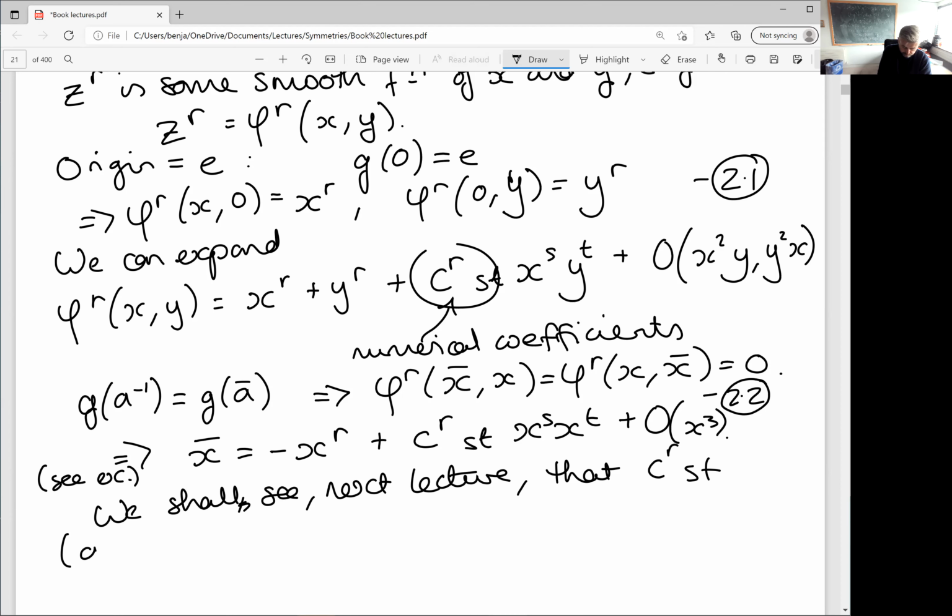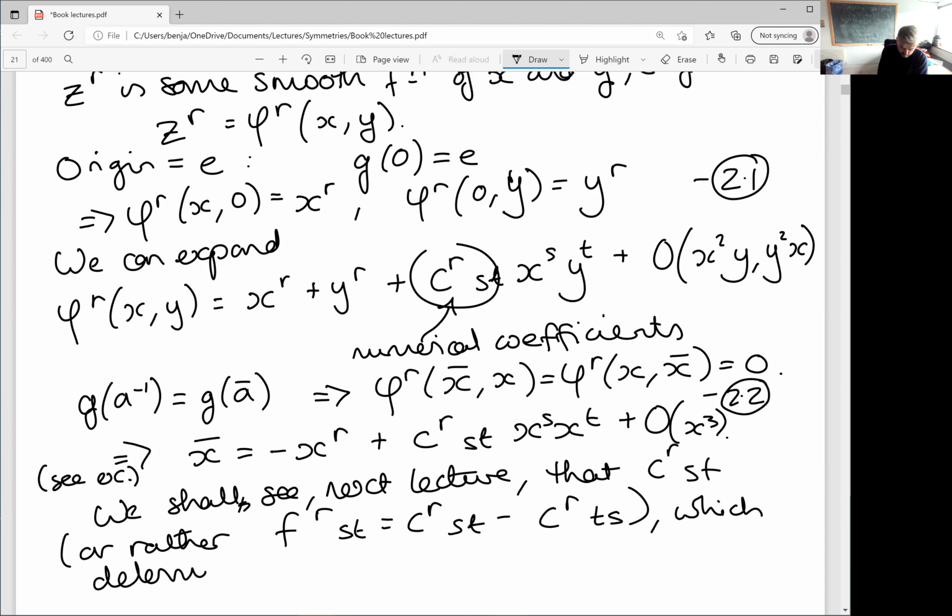Actually, it's some other object, which is C^r_st minus C^r_ts, so it's anti-symmetrized in the lower two indices. So these determine the possible Lie groups.